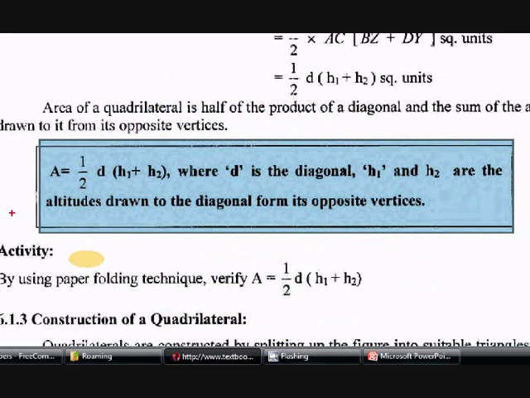To summarize, area is the product of the diagonal and the sum of the altitudes, where D is the diagonal and H1, H2 are the altitudes. Altitude is the height drawn to the diagonal from its opposite vertices.